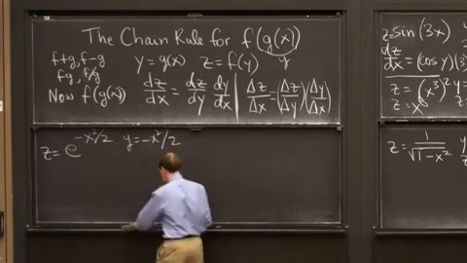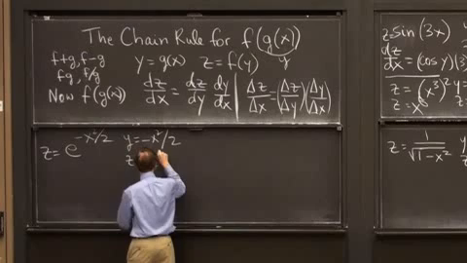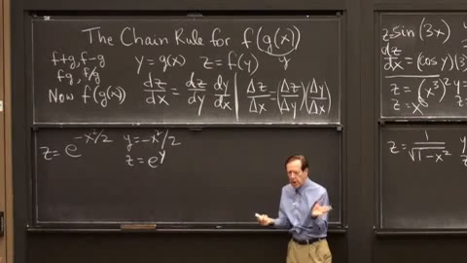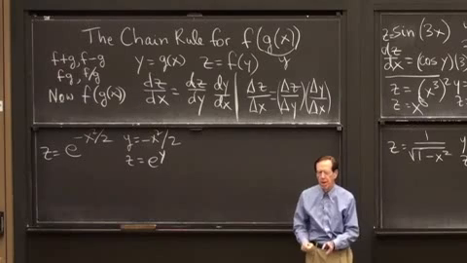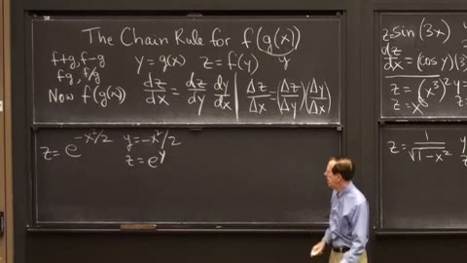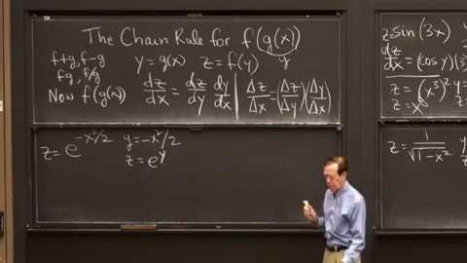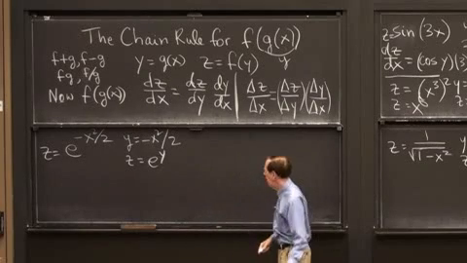And then z, the outside function, is just e to the y, right? So two very, very simple functions have gone into this chain and produced this e to the minus x squared over 2 function. Okay, I'm going to ask you for the derivative. And you're going to do it, no problem.